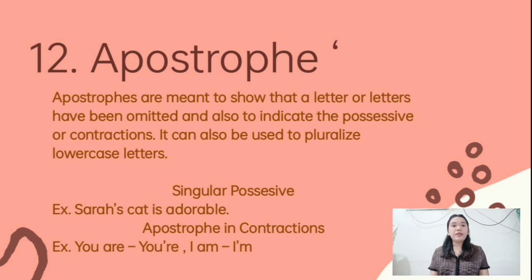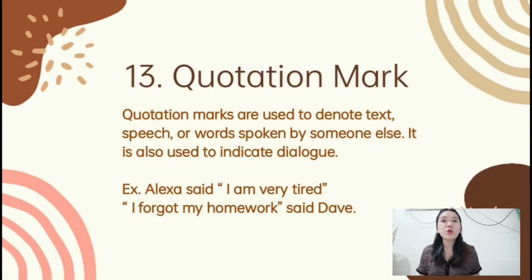So the next one is number 13. Number 13 is the quotation mark. The quotation mark is used to denote text, speech, or words spoken by someone else. It is also used to indicate the dialogue. So, for example, Alexa said, "I am very tired." So it means that the quotation mark is spoken by someone else.